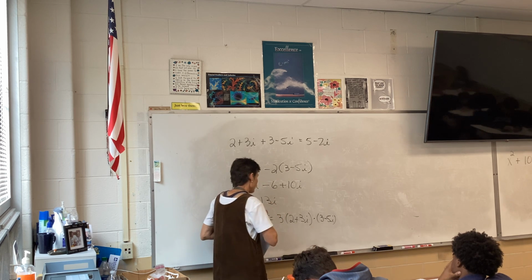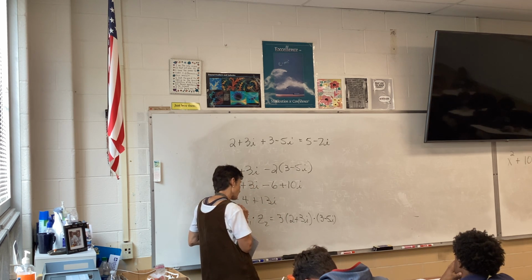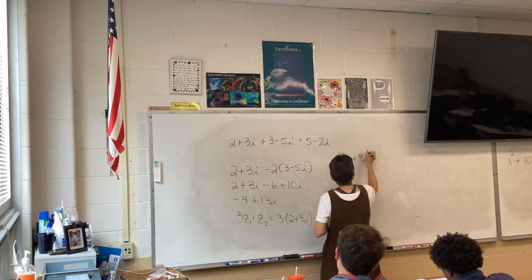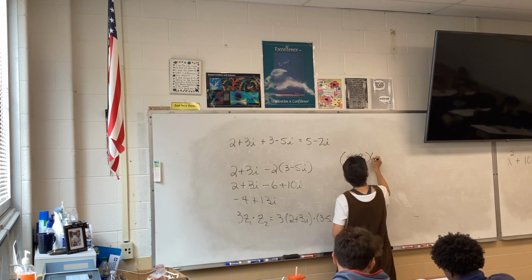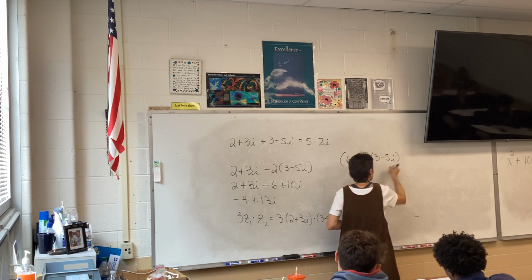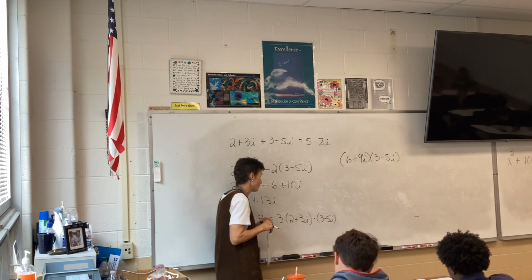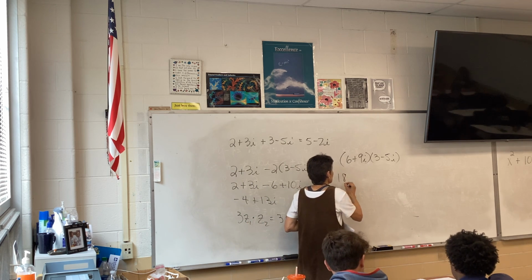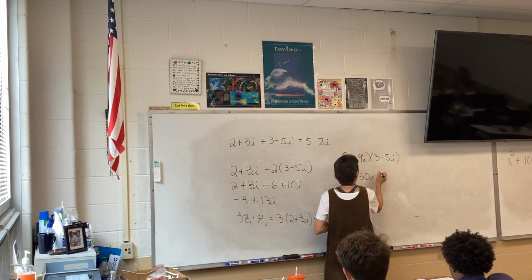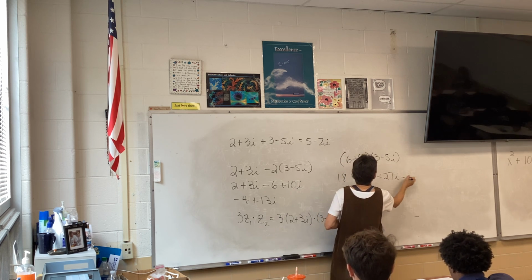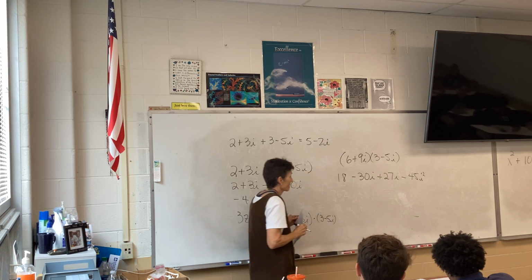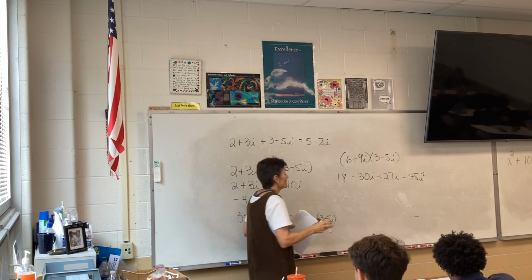So, what do you want to do first, FOIL or distribute? Distribute, so that would be 6 plus 9i times 3 minus 5i. Again, it doesn't matter, so if you'd rather FOIL first, that's fine. 18 minus 30i plus 27i minus 45i squared. 18 minus 3i plus 45.